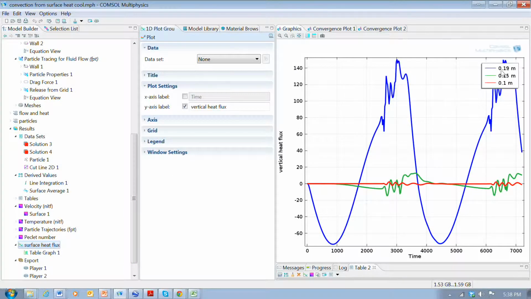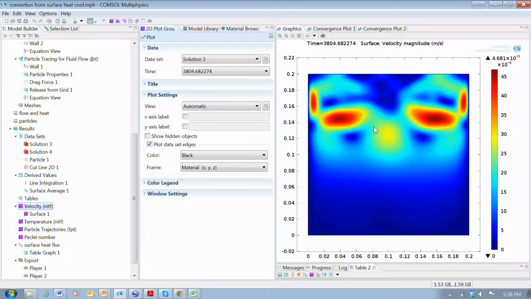So right here at 0.19 meters, this is the height in the model. So if we take a look at the geometry, 0.19 is right up here, 0.15 is right here, and 0.1 is right here.